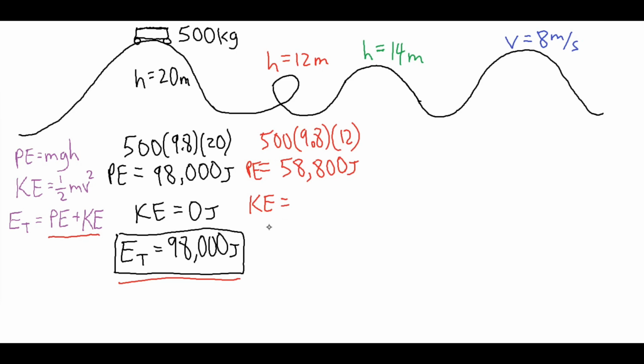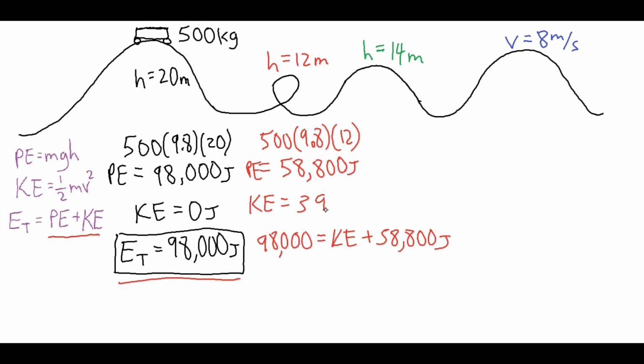So our total is 98,000, and we know the kinetic and the potential have to sum up to that value of 98,000. So we just subtract 58,800 from both sides, and then we get our kinetic energy.